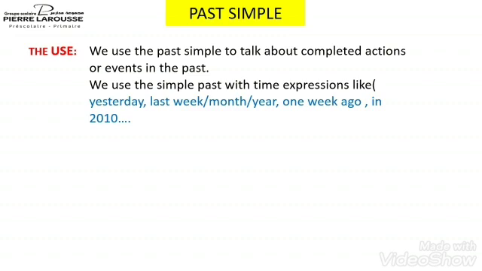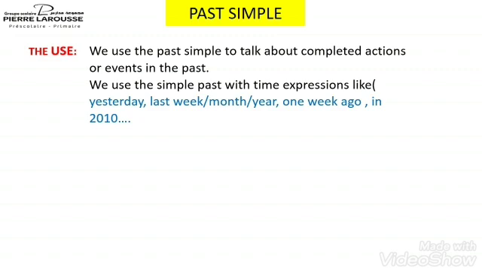And we use the simple past, of course, with time expressions like yesterday, last week, last month, last year, 1 week ago, 2 weeks ago, 1 month ago, 2 months ago, 1 year ago, 2 years ago, or 3 years. And of course in years, for example in 2010, in 2008, or in 2007. So a year which has already finished.